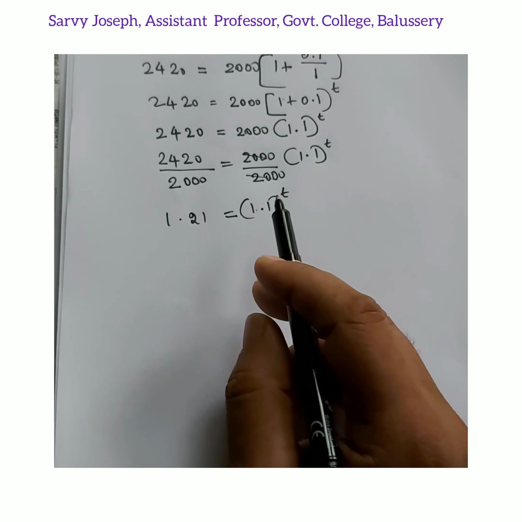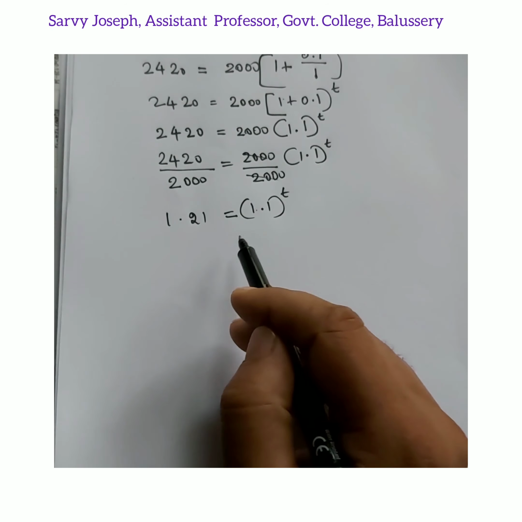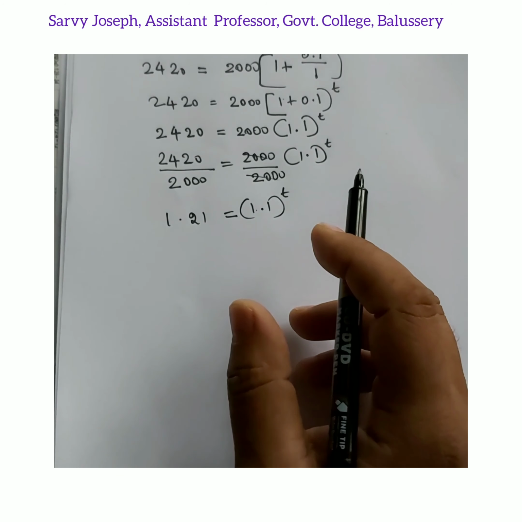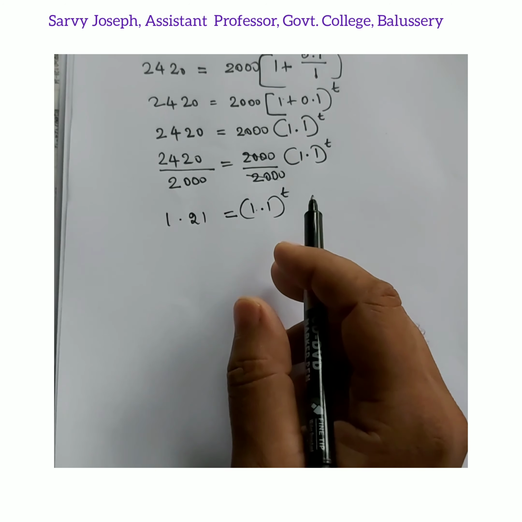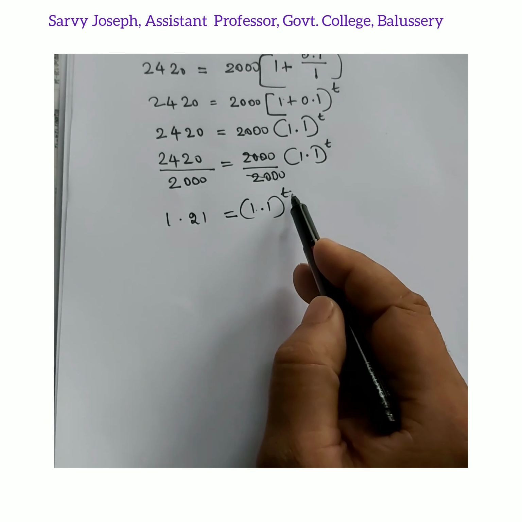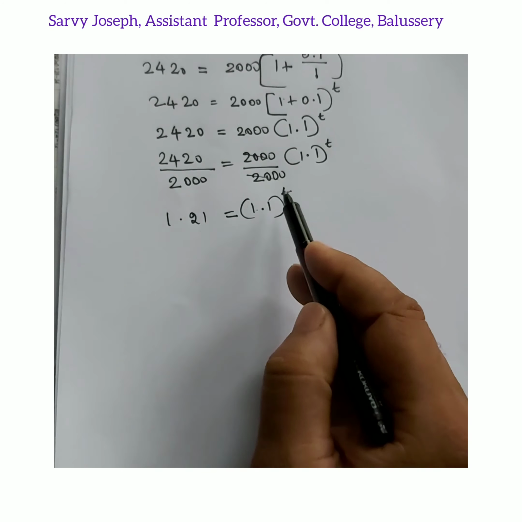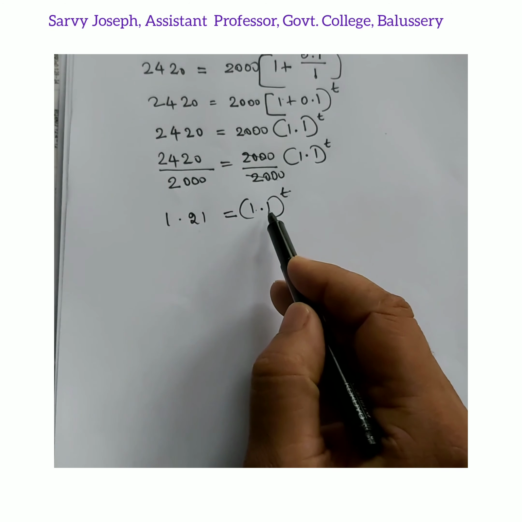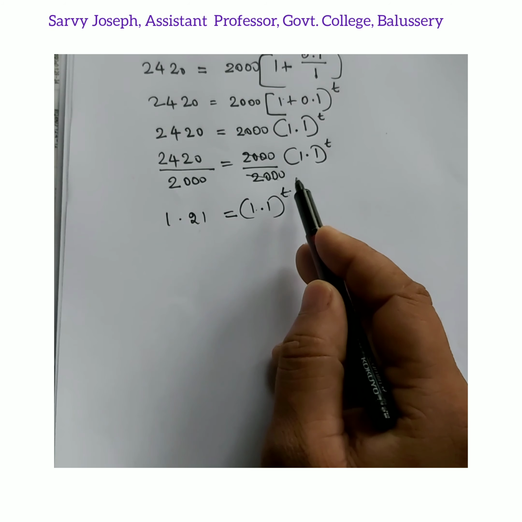I will explain what is property 5 of logarithm. Before that, I think you might have studied what is exponent. The exponent tells you how many times to use the base as a factor, how many times the base should be multiplied.